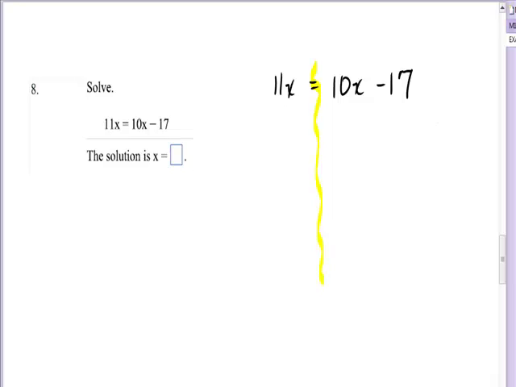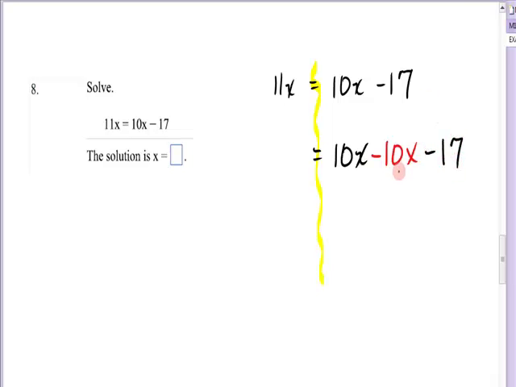Although there's not a rule about this, the suggestion is do whatever it takes to get rid of the smaller one. All right, it's positive 10x. What are we going to do to get rid of it? I hope you're thinking we're going to subtract 10x. So in red, I will sneak in a minus 10x. Finish up that side with minus 17.